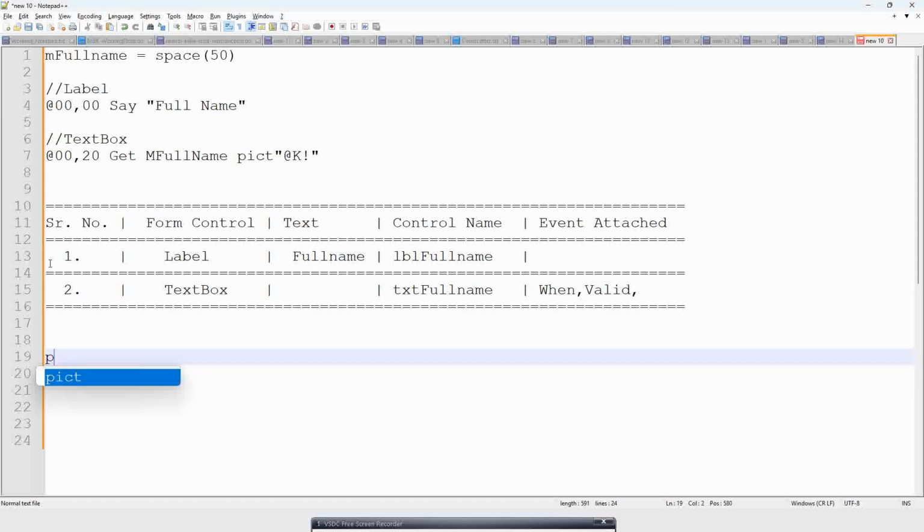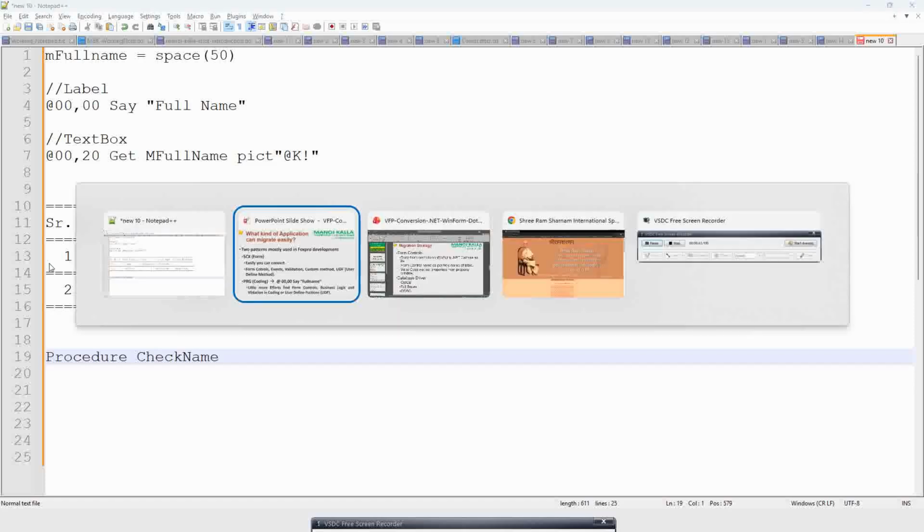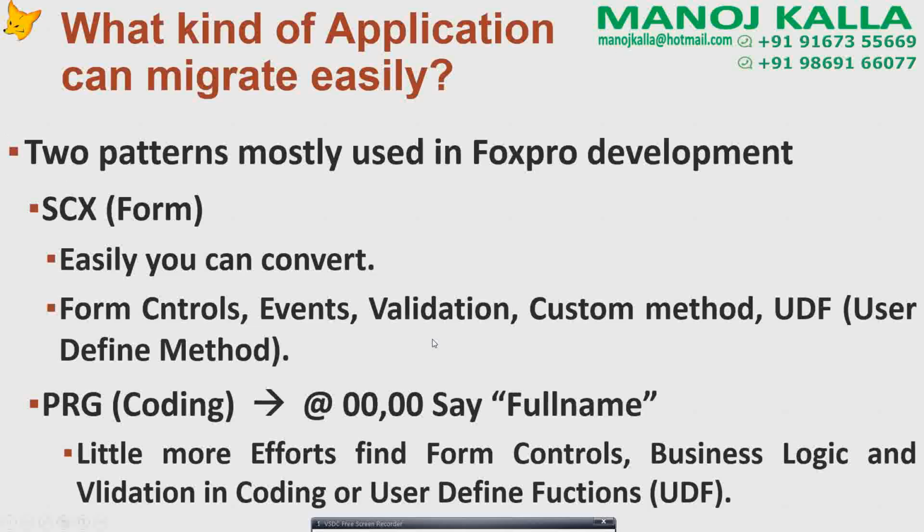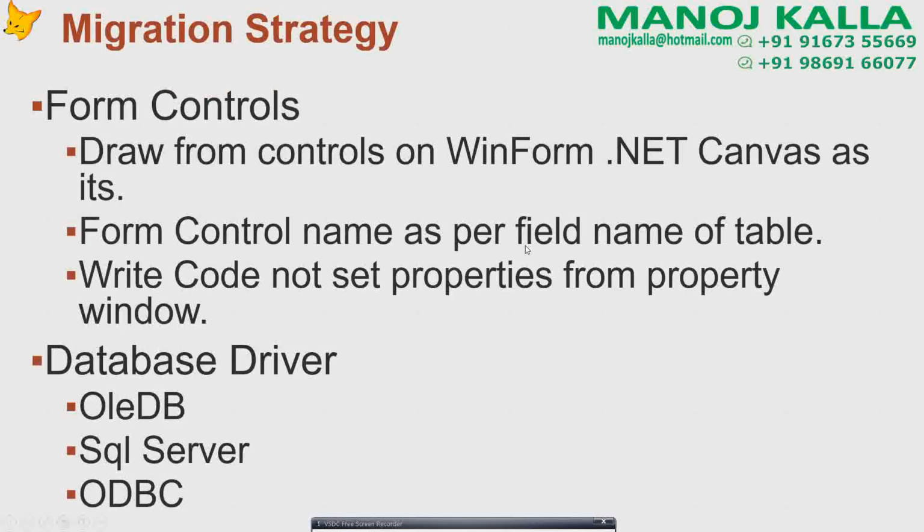In olden days people used to write a procedure, like check the name, as code inside that PRG file. They were not writing it separately; some people created functions or UDFs inside, and some used to write them outside. So you have to concentrate on this also.